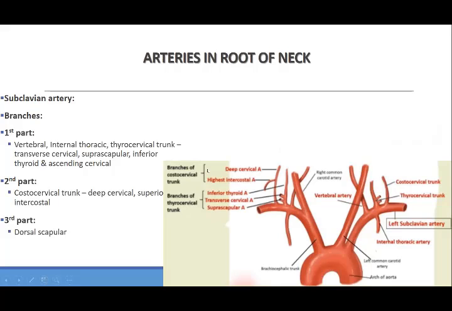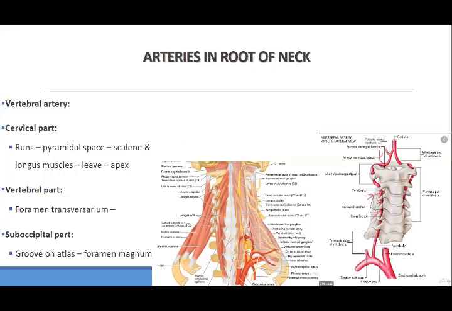From the second part arises this single costocervical trunk, but this costocervical trunk further divides into 2 branches. It is the highest intercostal artery and the deep cervical, and arising from the third part of the subclavian artery, you have the dorsal scapular artery. उसका नाम बता रहे हैं, goes and supplies, takes part in the formation of arterial circle around the scapula.